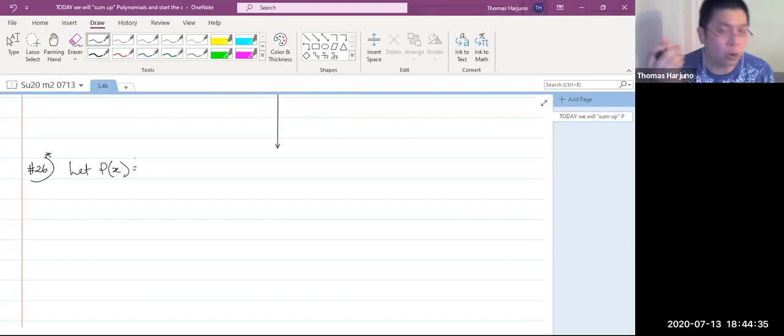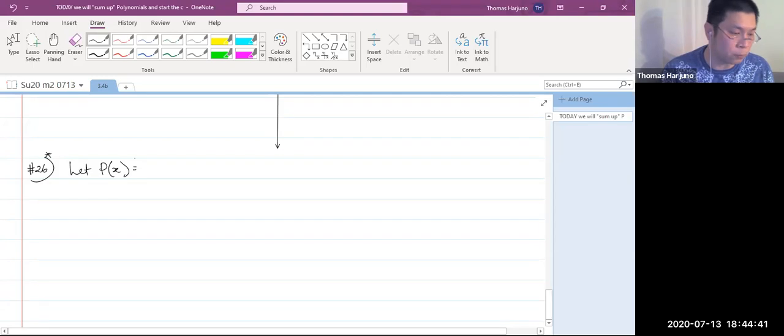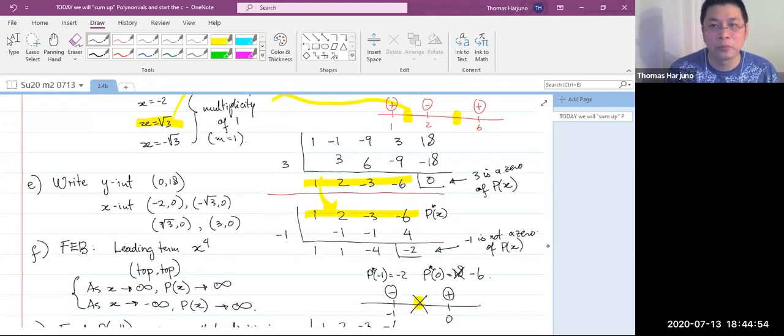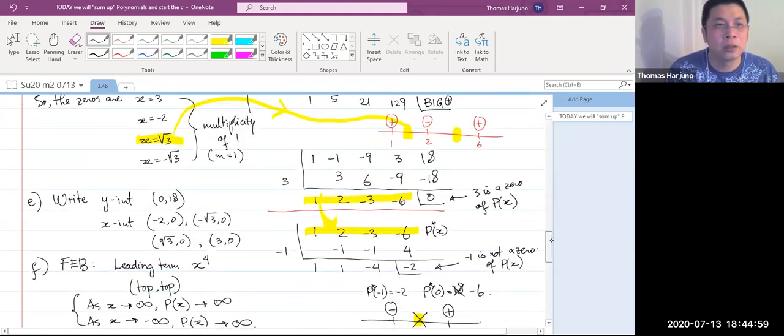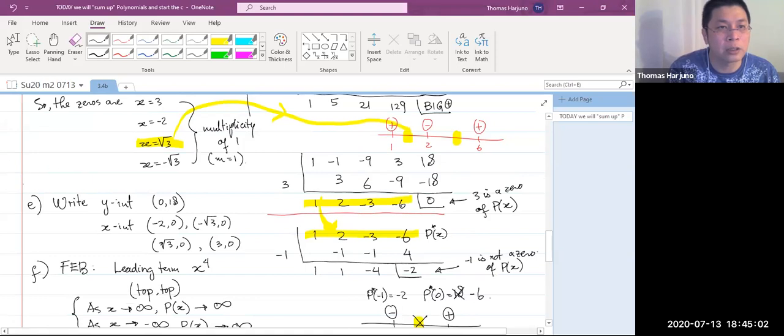But you see that all the procedures we learned in the previous sections, 3.1 up to 3.3, even 3.4, are pretty much all directed to find the x-intercepts, and using the x-intercepts, we can write it in linear factor form. Maybe I insert it here: write Px as linear factors.